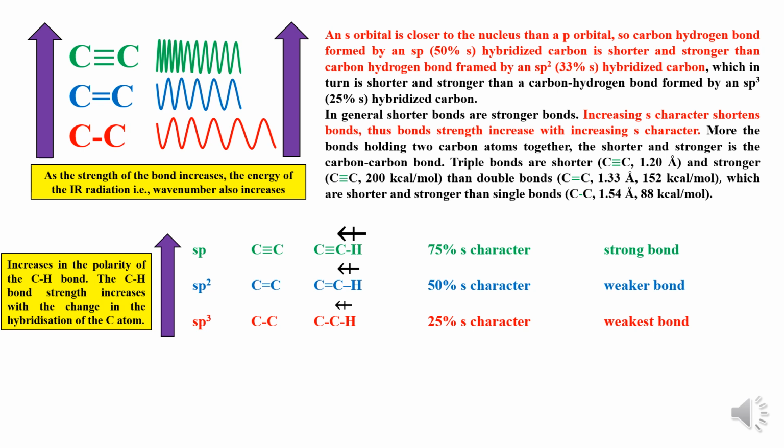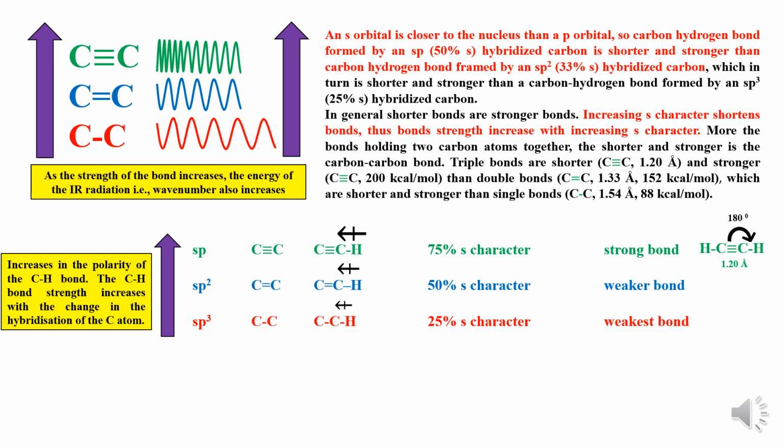So what you find here is an increase in polarity. Initially there is an increase in the polarity of the CH bond because of the hybridization, that is, variation in the s character, and the ultimate end result is that the CH bond strength increases with change in the hybridization of the carbon atom.